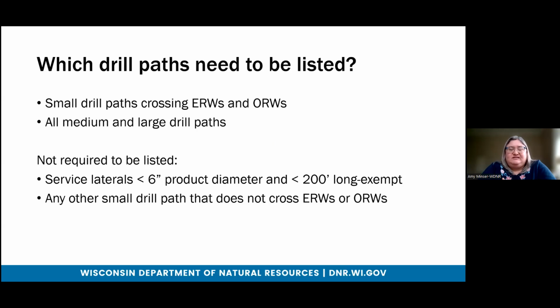And that's primarily for projects that disturb more than an acre, because we need to know that information anyway. And then all medium and large drill paths should be listed. Any other small drill paths would not need to be listed. And as mentioned earlier, service laterals that are less than 6 inches and less than 200 feet long are exempt.